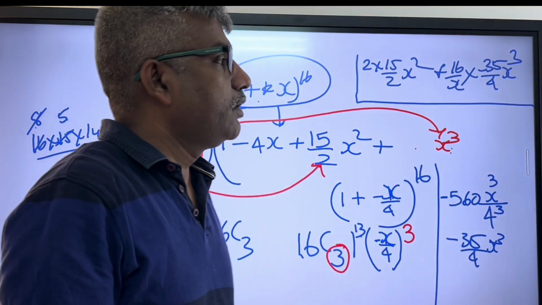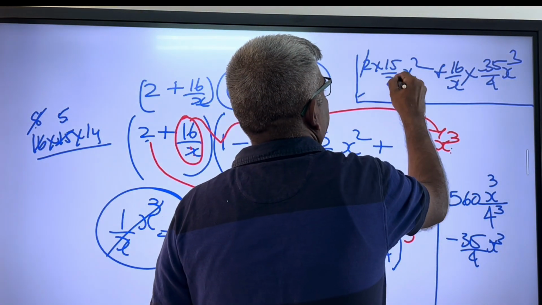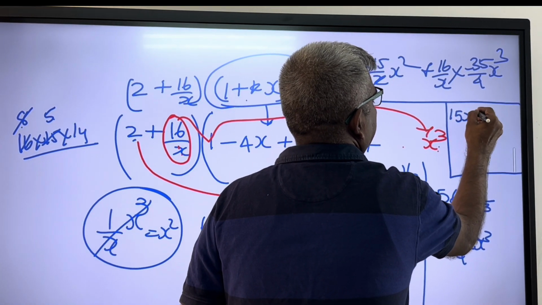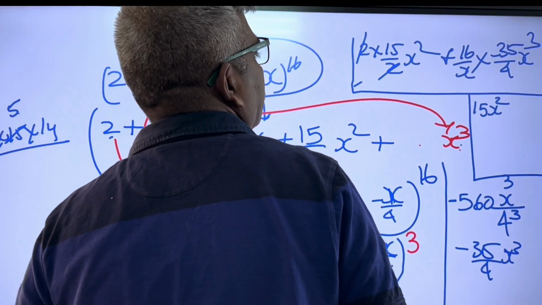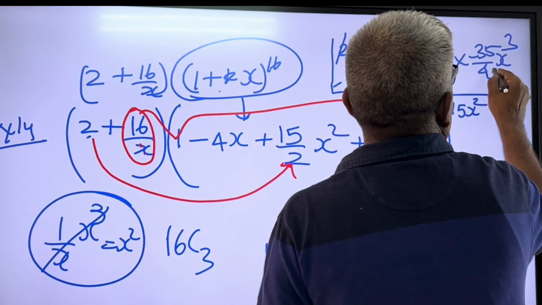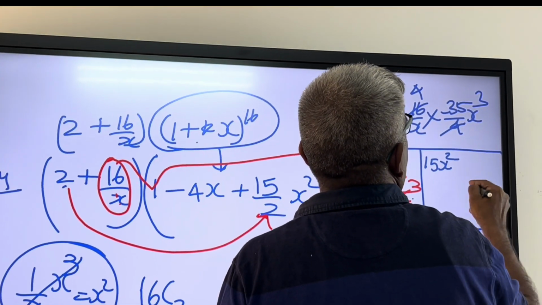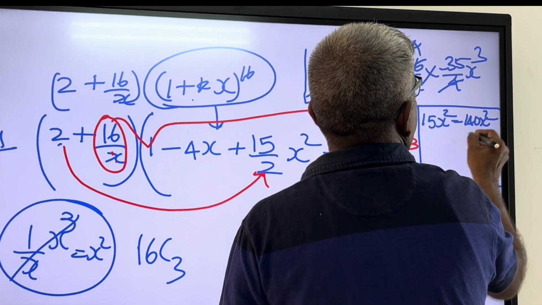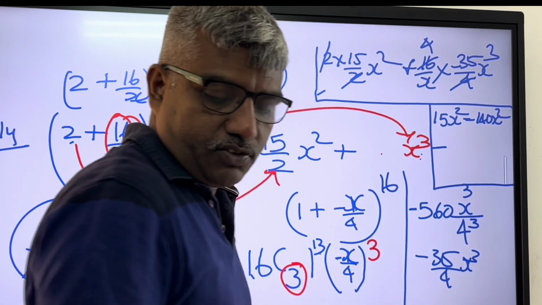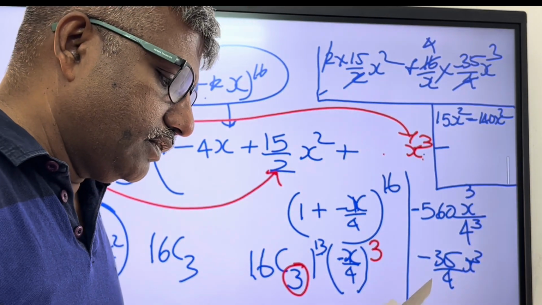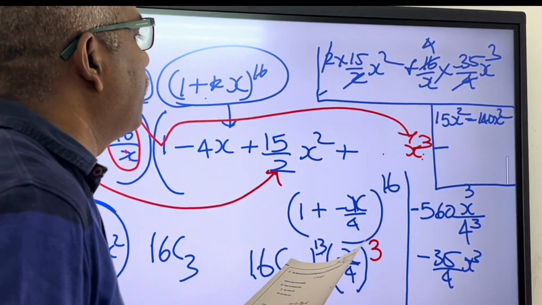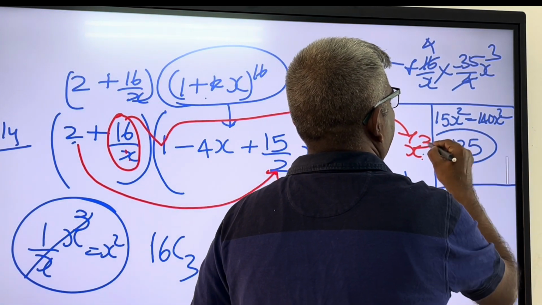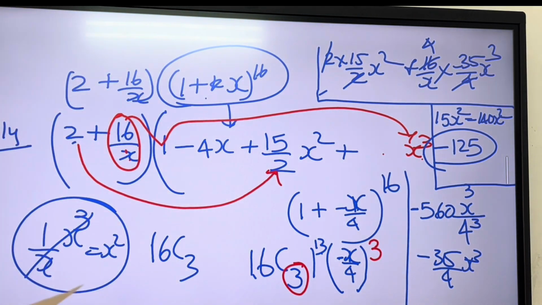The 2s cancel: 15 x squared minus 140 x squared. So the coefficient of x squared is minus 125. Copy down.